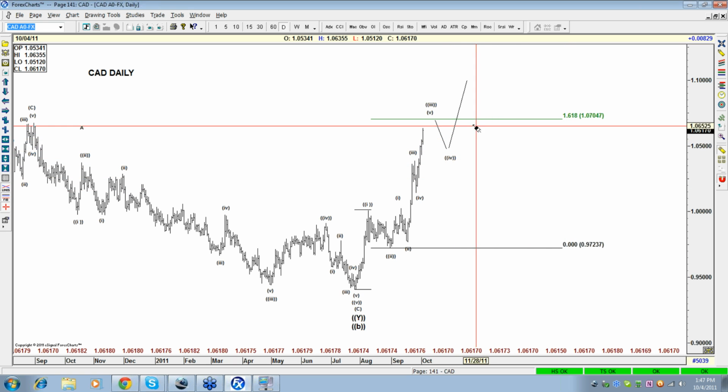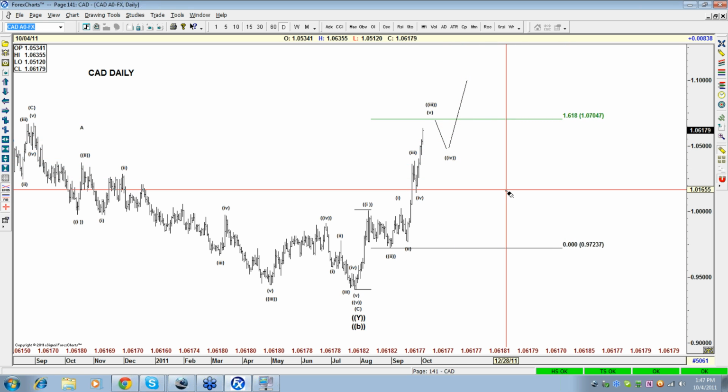It looks like the target at 107.04 is gonna be reached in the dollar CAD, guys. Now, if you see that, then the count on the dollar is the one that we're ending wave 3 with the new high. Guys, follow me?